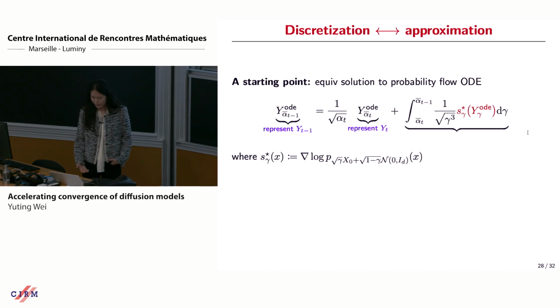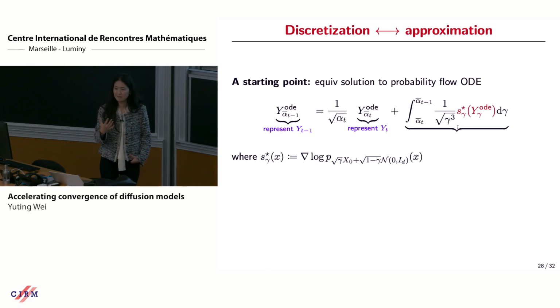Okay, so how do we come up with this algorithm? If you think about the DDIM procedure or the probability flow ODE, you can actually write YT minus 1 as a linear summation of your YT with some particular choice of alpha t, I will tell you later, plus this integration of the score function. This can be easily validated.